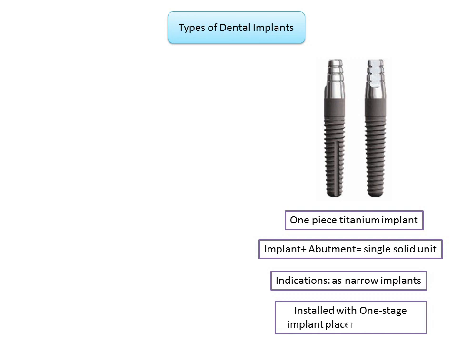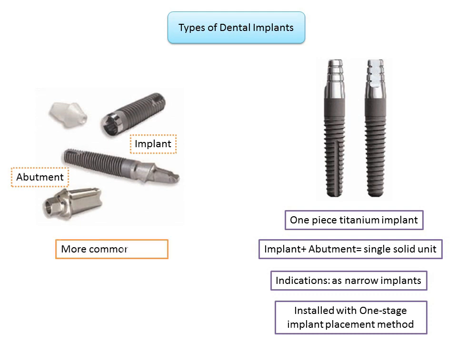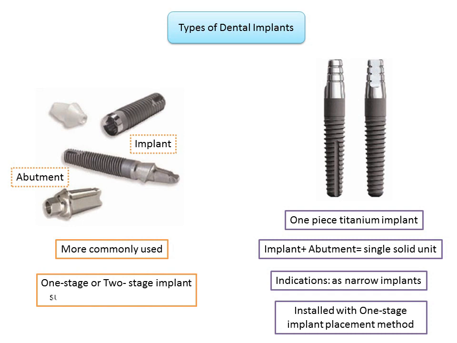These types of implants are installed only with the one-stage implant placement method. The two-piece implant type consists of an implant to which an abutment or a restoration or attachment is connected, usually with a screw. It is more commonly used than the one-piece implant type. With this implant type, both the one and the two-stage implant surgery protocol can be implemented.